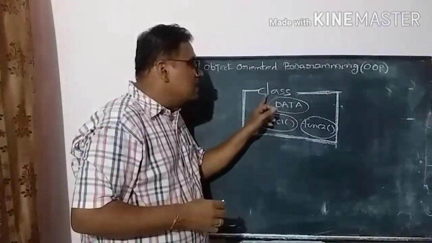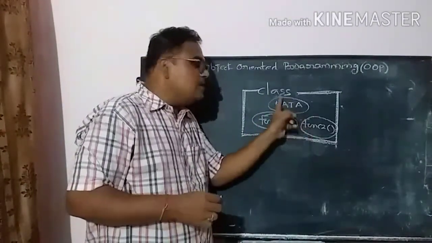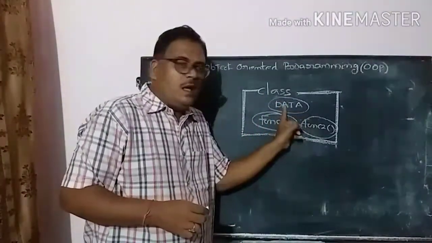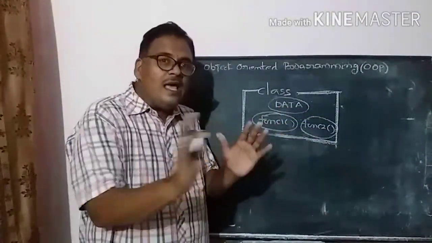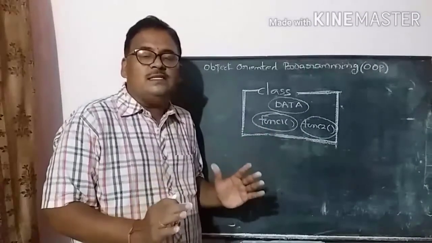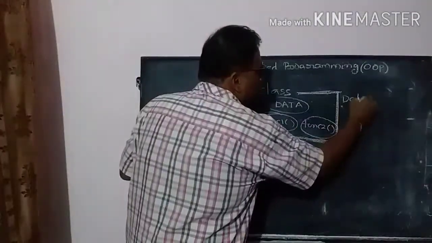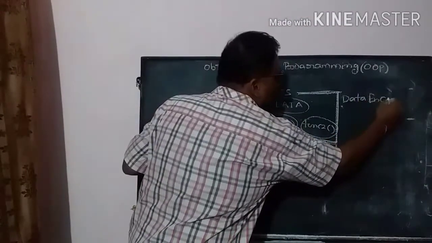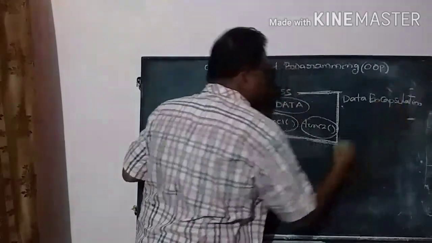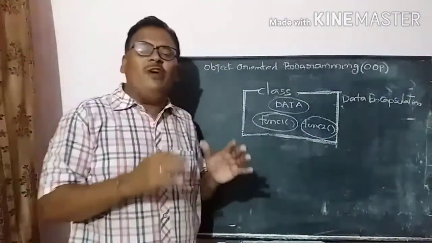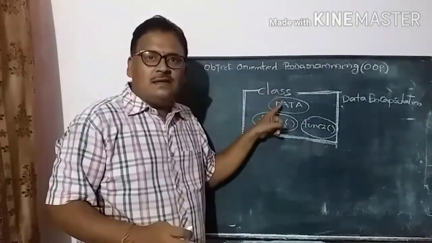This is a class which holds data, and the functions which operate on the particular data are located in one block, one area. This is the concept called data encapsulation. Encapsulation is wrapping up of data and functions into a single unit, that is a class.